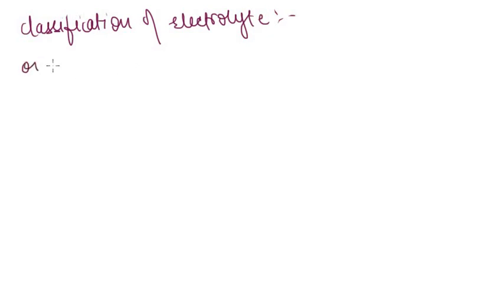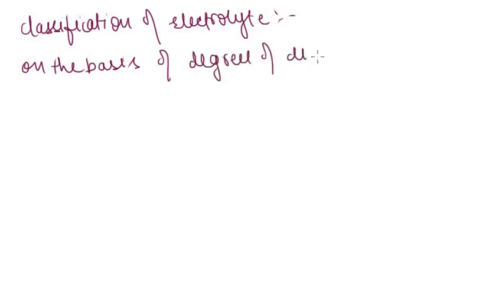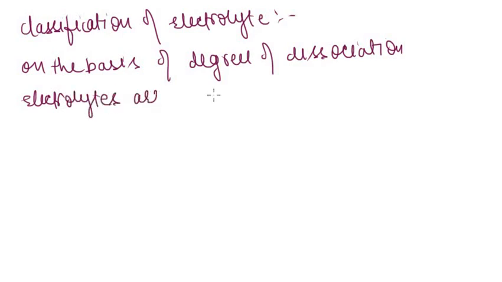So on the basis of degree of dissociation, which we know used to be denoted as alpha in chemical equilibrium, now in ionic equilibrium we use the degree of dissociation to classify electrolytes into two categories.